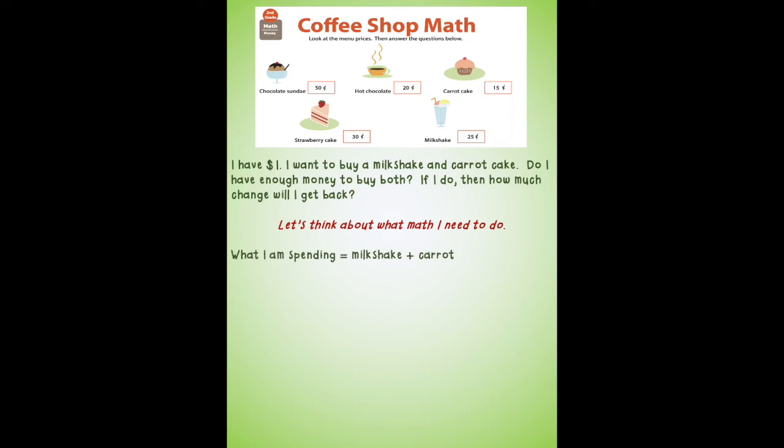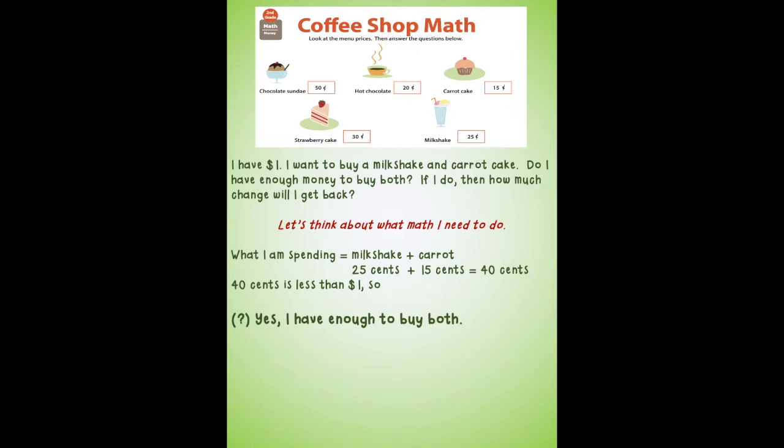Well, I'm buying a milkshake plus carrot cake, which is 25 cents plus 15 cents, which, when I do the math, equals 40 cents. So the first question, do I have enough money to buy both? Well, 40 cents is less than the $1 that I have, so yes, I have enough to buy both.